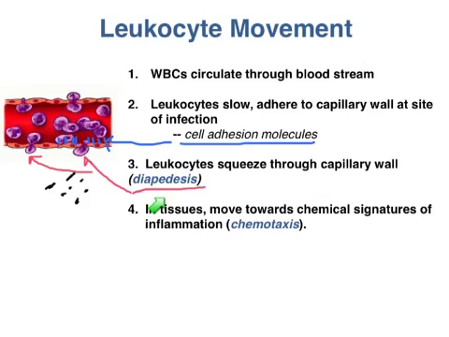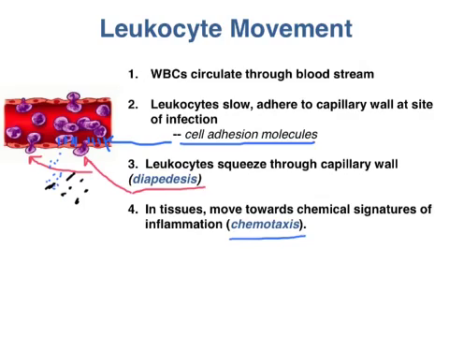But now once they get out of the blood, they still need to know exactly where the infection is. So that's where the process of chemotaxis comes in. Chemotaxis is the ability to move in response to chemical signatures. So the bacteria and sometimes other inflammatory cells that got there first release inflammatory molecules that set up a concentration gradient.